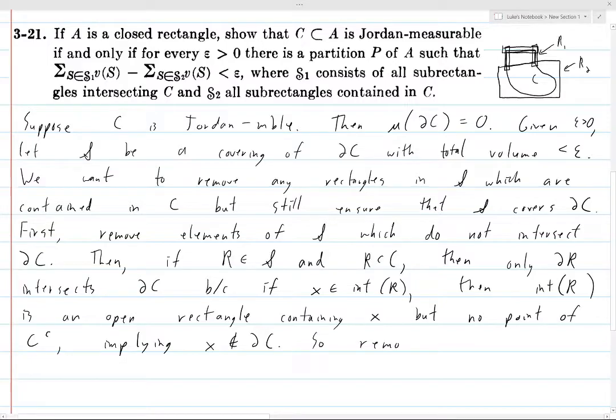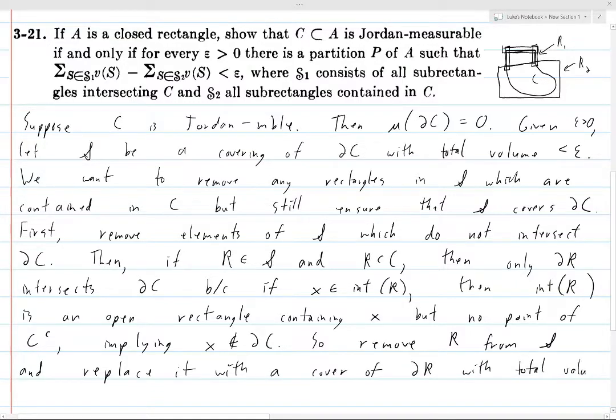So remove R from S and replace it with a cover of the boundary of R with total volume less than the volume of R, which is possible since the measure of the boundary of R is 0.